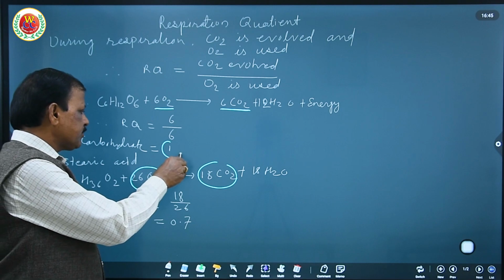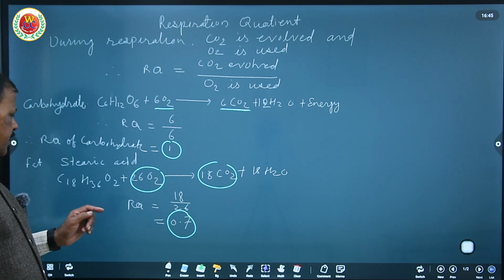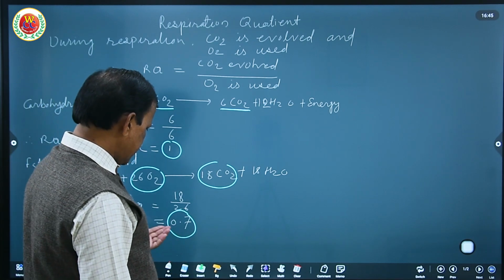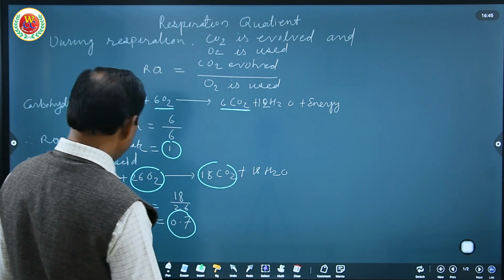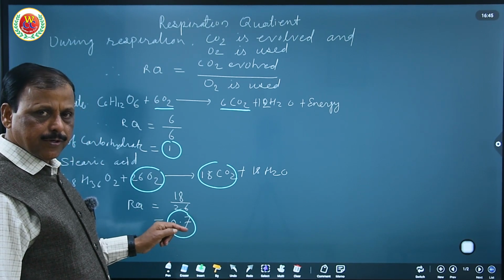So carbohydrate RQ is 1 and fat RQ is 0.7. In the same way we can calculate the RQ for another fat, and every fat will have the same RQ of 0.7.